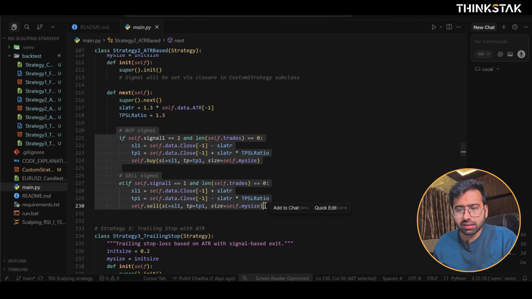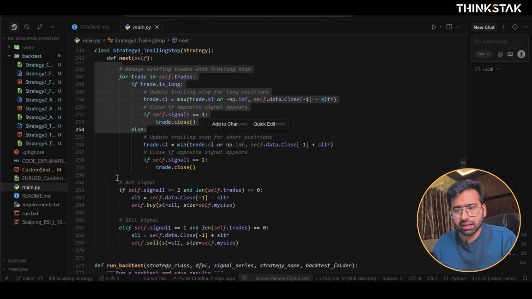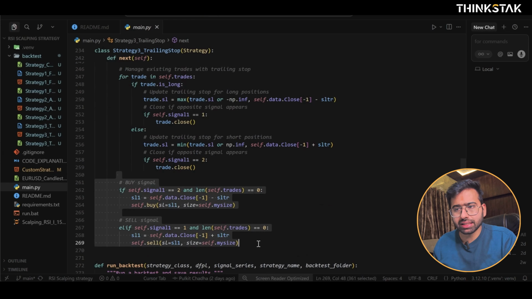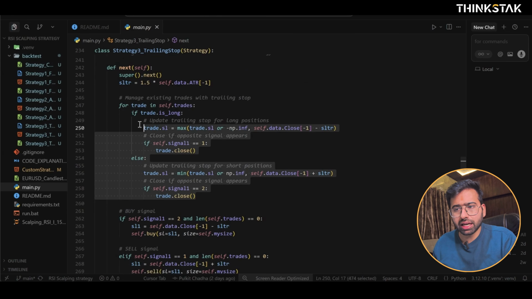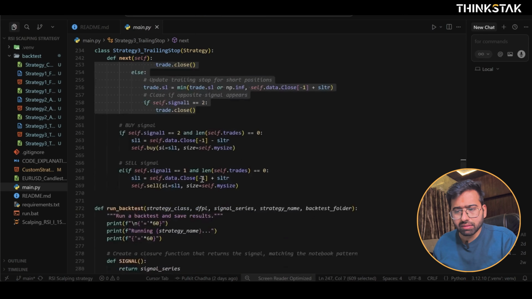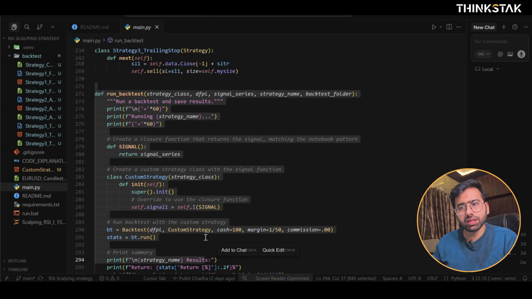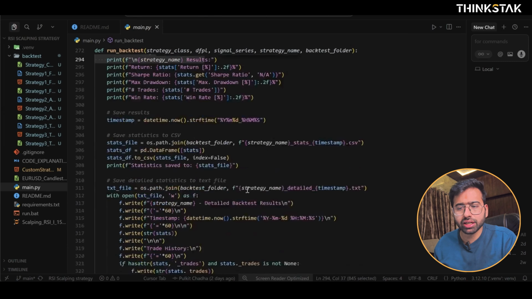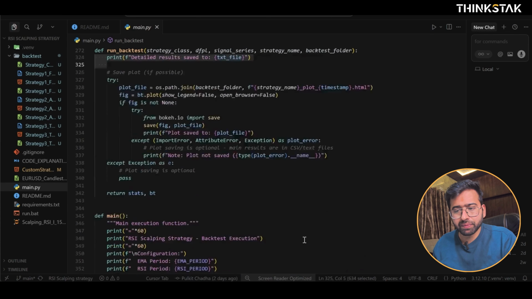Again buy and sell signals. Same goes for our trailing stop loss. Here buy and sell signals are defined, and here stop loss is calculated, if it is long, if it is sell, based on those things. This is the run backtest function that is going to loop over the backtest classes that we have mentioned above, and it is going to write the details in the text file.